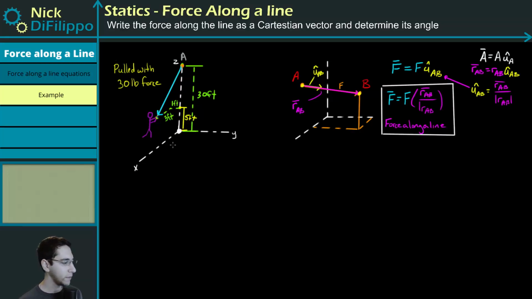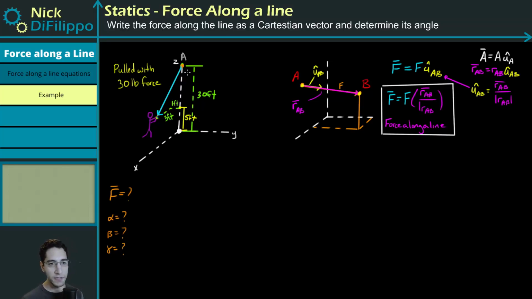And what we want to do is write the force along the line as a Cartesian vector. So a Cartesian vector means we have i, j, and k components. And we also want to determine its angle. So we're going to need its alpha, its beta, and its gamma angles. So its directional cosine angles.